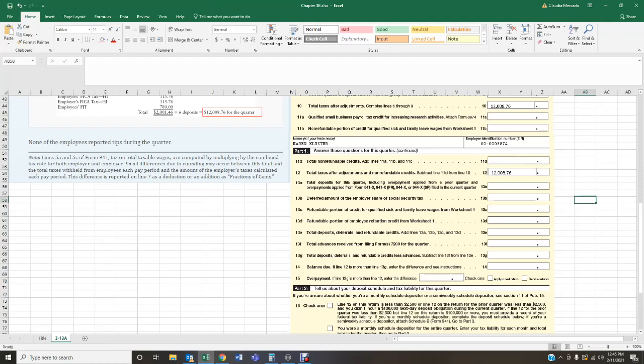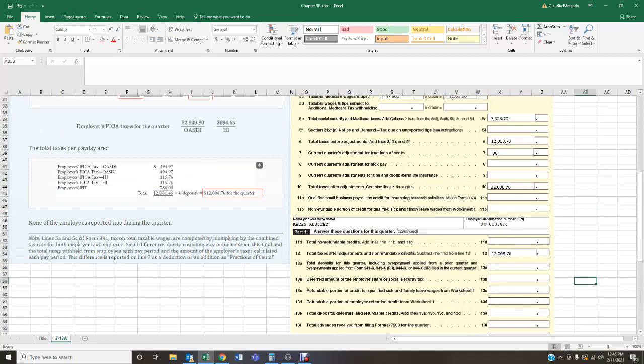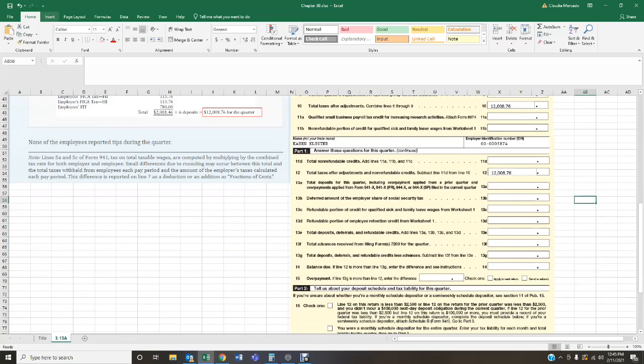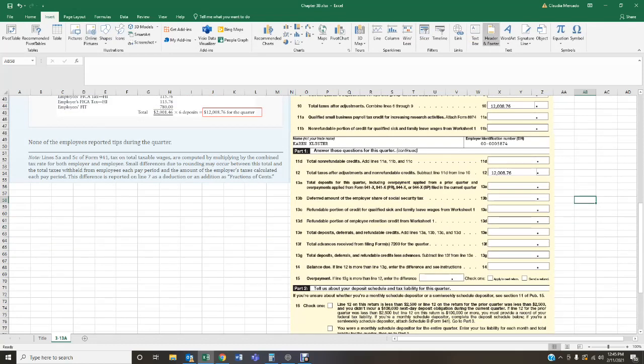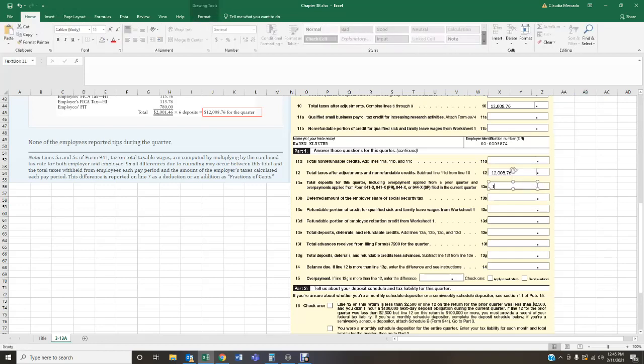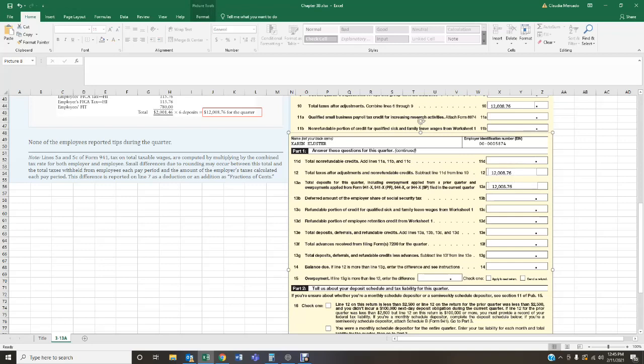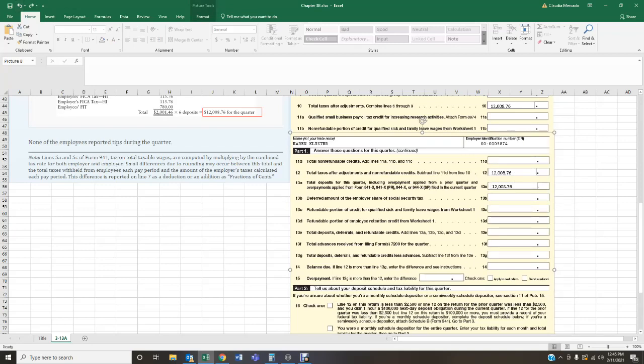Total deposits for the quarter, including overpayments applied from a prior quarter. How much do we pay during the quarter? The problem says that we paid $12,008.76. Okay. Deferred amount of the employer share of Social Security tax. We don't have that provided.